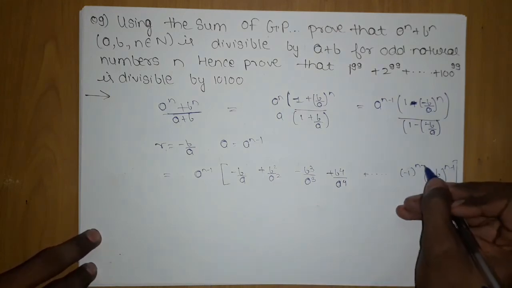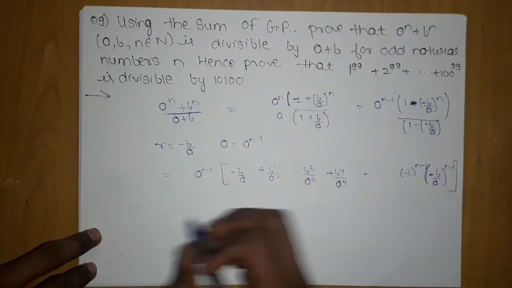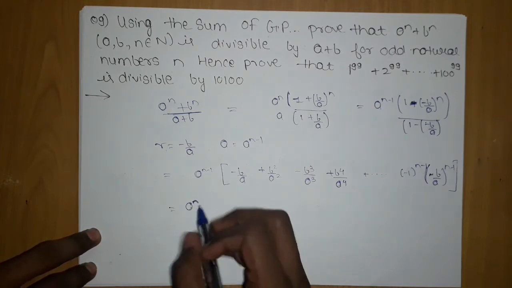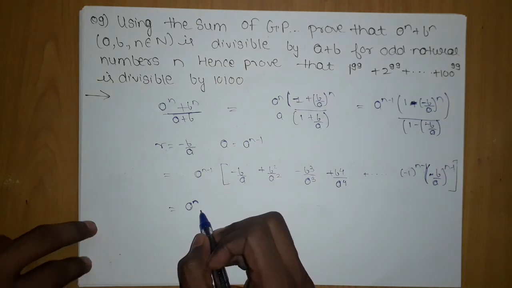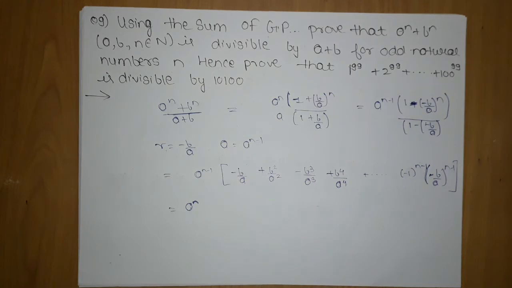Here will be n minus 1. I'm not making any mistake, right? If I move a power n inside, we have a, minus b by a, and this will be minus 1, then a minus 2, a minus 3. Am I making some mistake, or what?